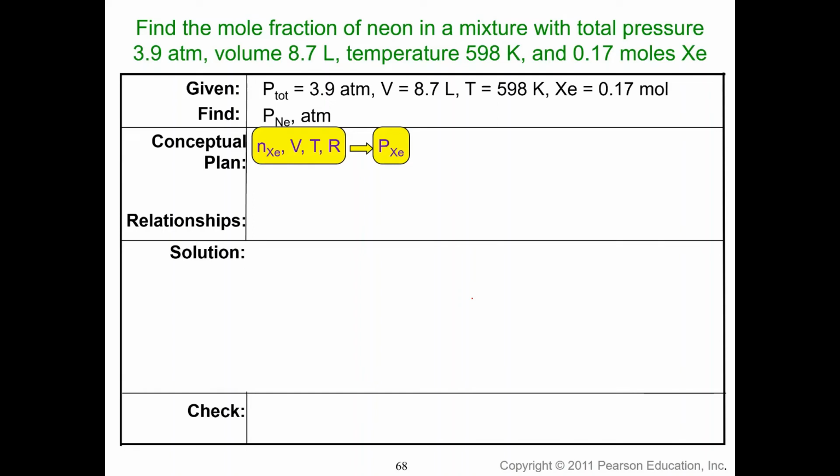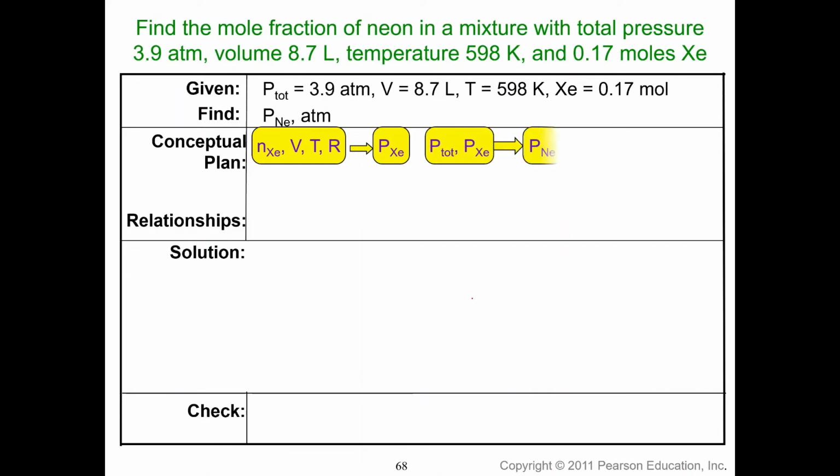Yes? You look at the total pressure is given to you, all right? And what else is given to you here? The volume, temperature, and the moles of xenon. So from having moles, volume, temperature, we can find the partial pressure of xenon.